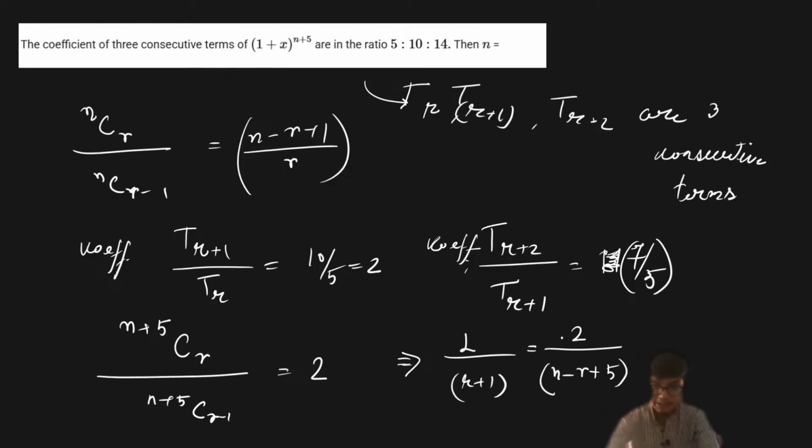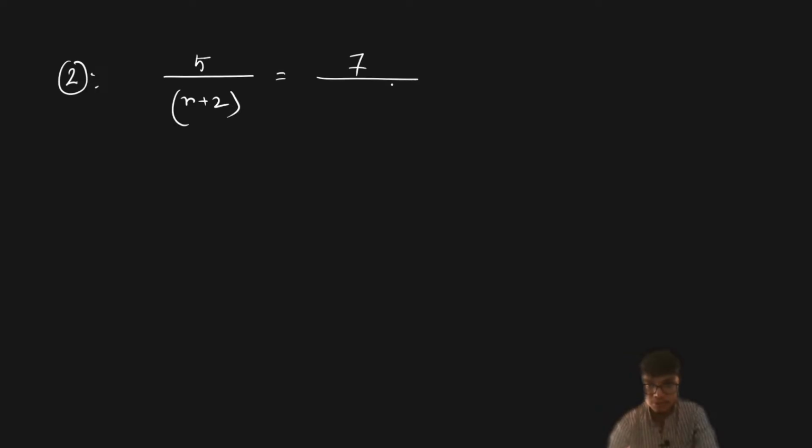And similarly, if I solve the next part, so this is the second equation and this is the first equation, right? On the second part, what I will get is 5 upon r plus 2 is equal to 7 divided by n minus r plus 4, and therefore this is the second part, right?